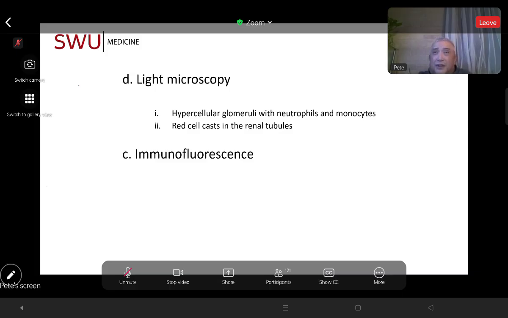You have your finely granular casts, your coarsely granular casts, and then your waxy casts. When you have a hyaline cast, that is normal. But when you have a waxy cast, that will tell you that the condition is chronic.